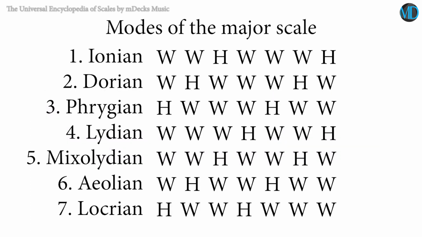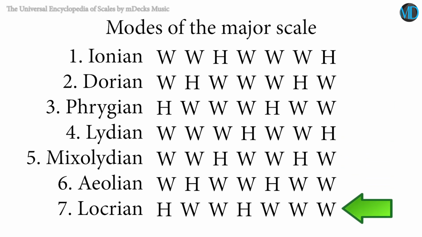If we cycle through the intervallic formula, we get all the modes of the major scale. Whole, whole, half, whole, whole, whole, half is the major scale, which we can call mode 1, also known as the source scale. Whole, half, whole, whole, whole, half, whole is mode 2, Dorian.